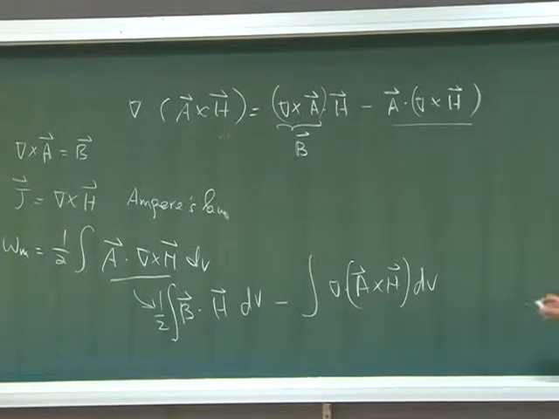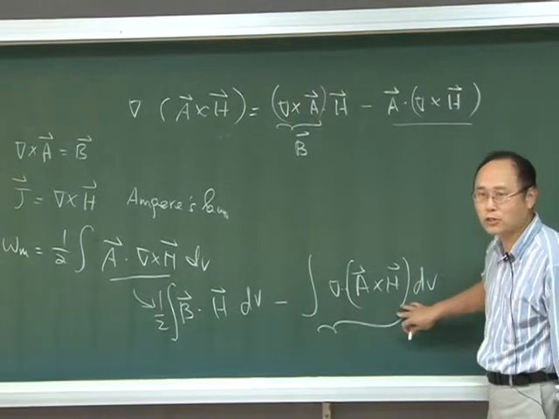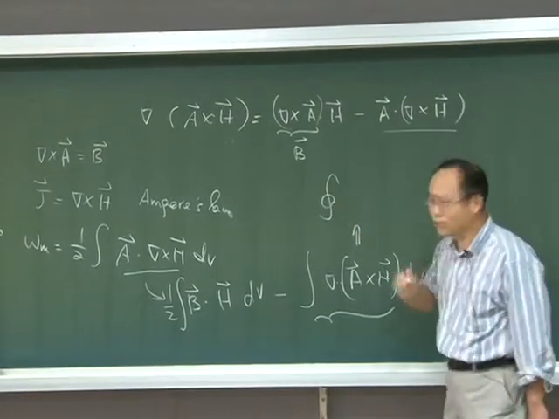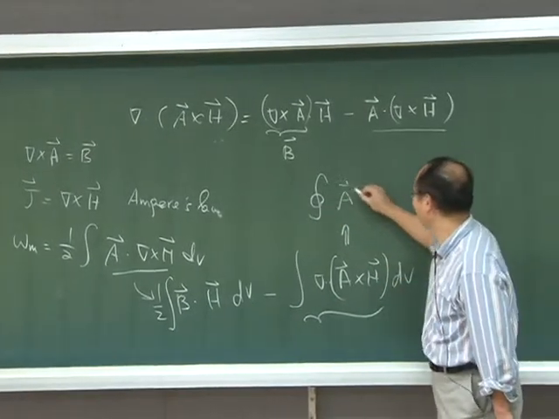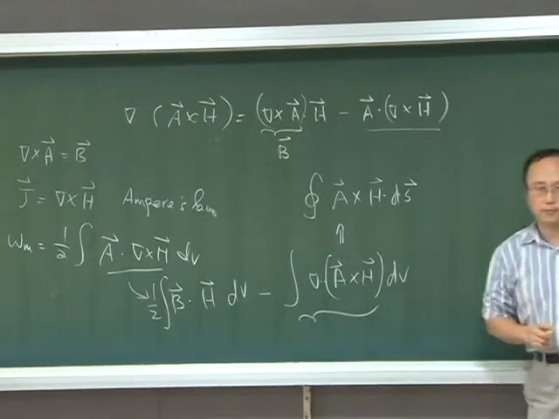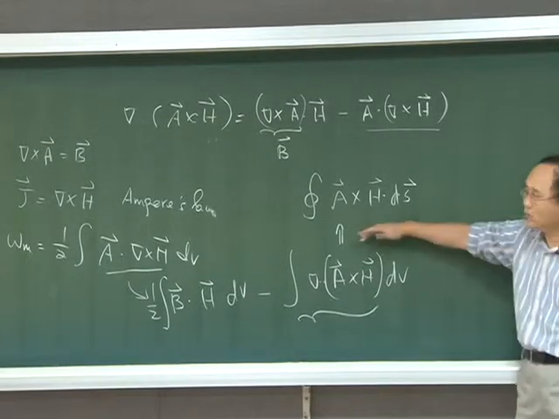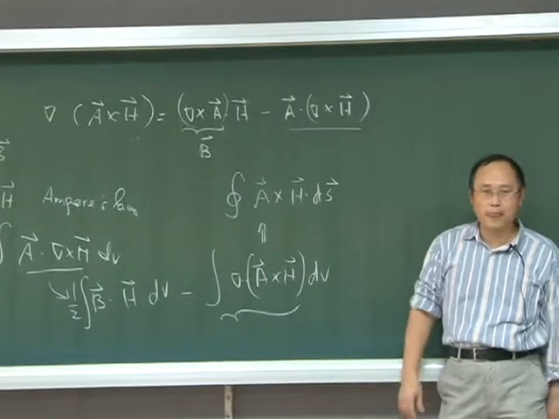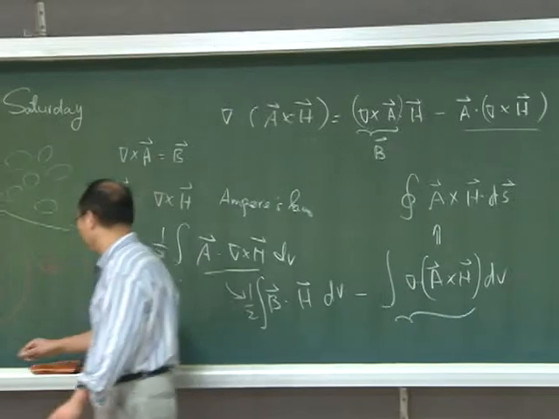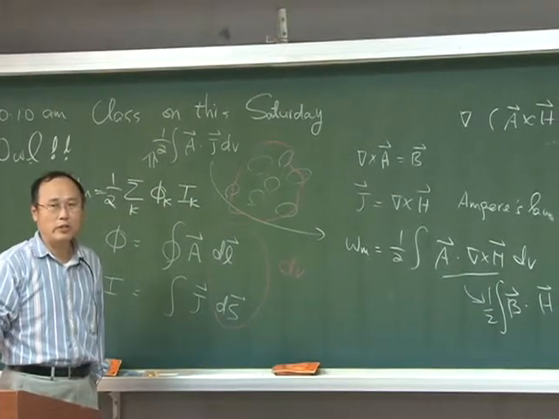Okay, but this is why I use the Stokes theorem. No, I'm sorry. Use divergence theorem. You can convert this into a closed surface integration of A cross H dot dS. Now, you are dealing with field in all space. So even if your integration volume is small, you are dealing with the field.